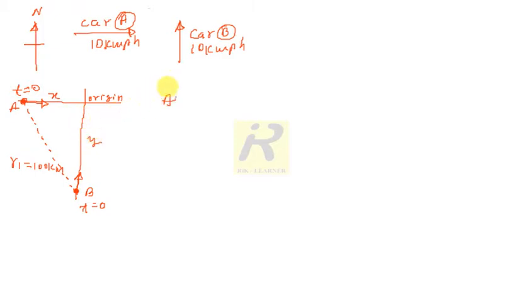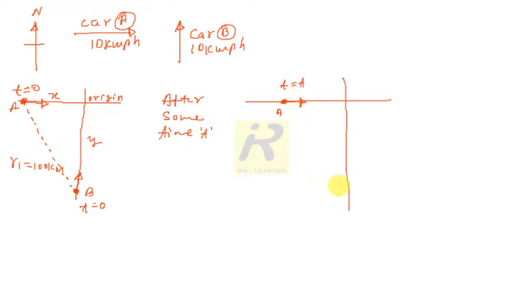Okay, so after some time t, the new positions of the cars will be written here. This is the new position of car A at t equals t, which is still moving, and car B is here at t equals t, and it is also still moving.